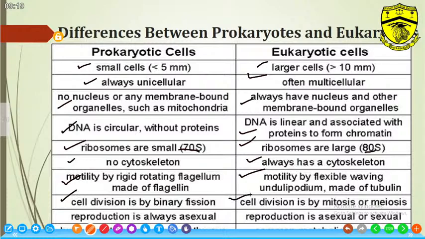Finally, prokaryotic reproduction is always asexual, but eukaryotic reproduction is asexual or sexual. So, now we know the difference between prokaryotes and eukaryotes.